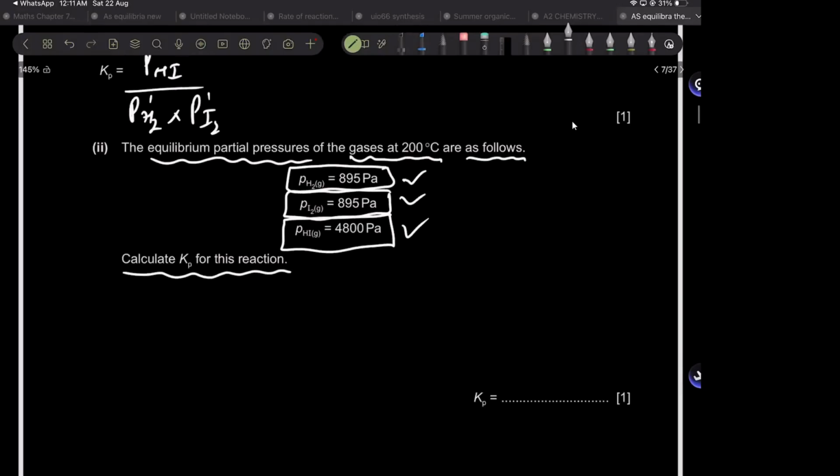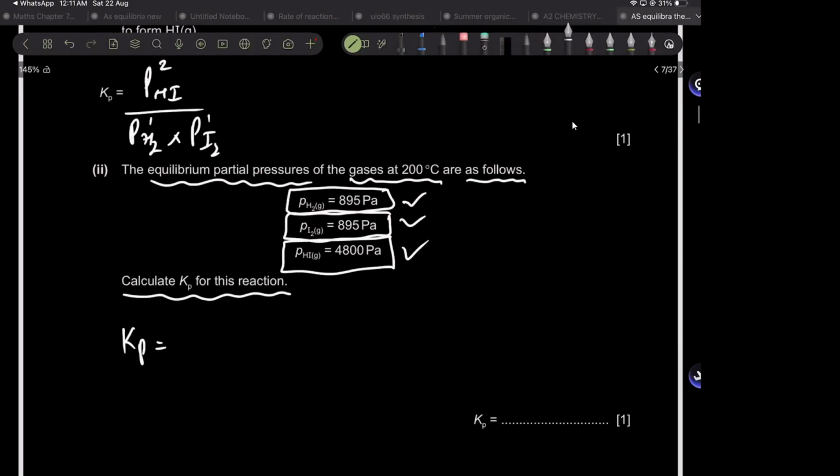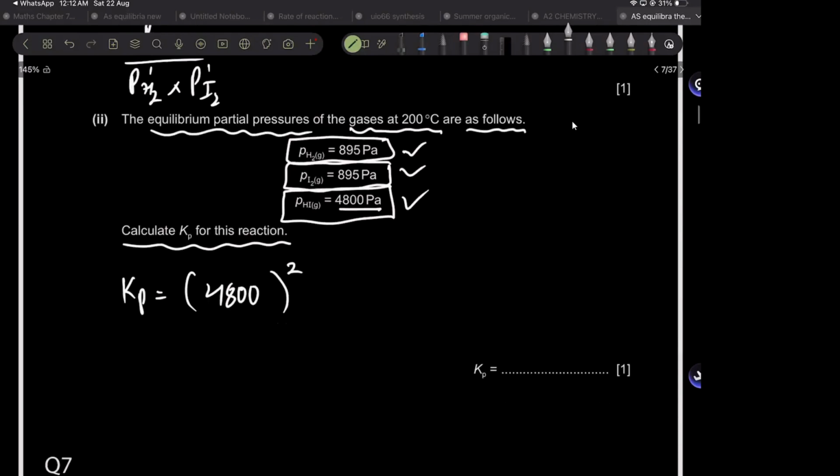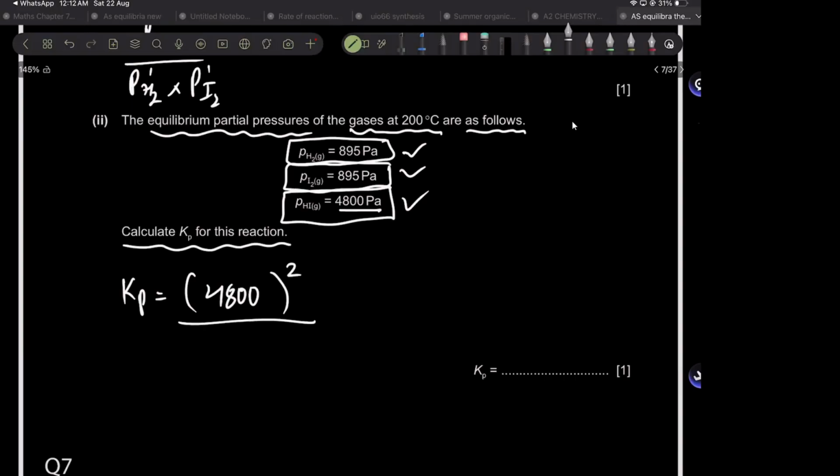So I just need to plug in the values. So Kp would be equal to the partial pressure of HI, which is 4,800 pascals, squared according to the expression, divided by the partial pressure of H2, that is 895, and I2, that is also 895, to the power 1.